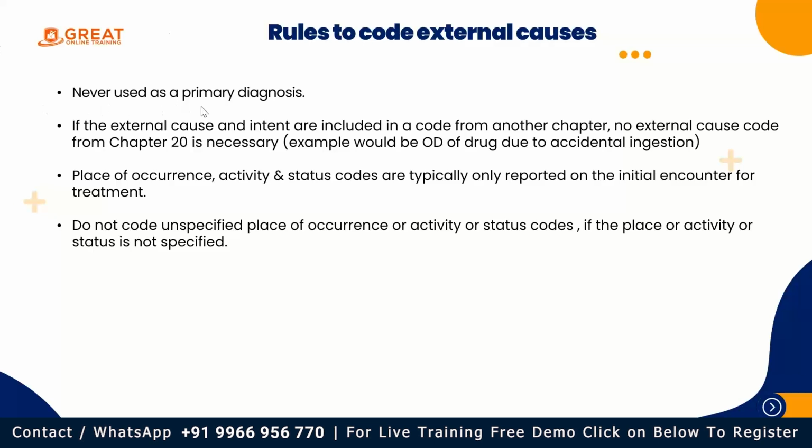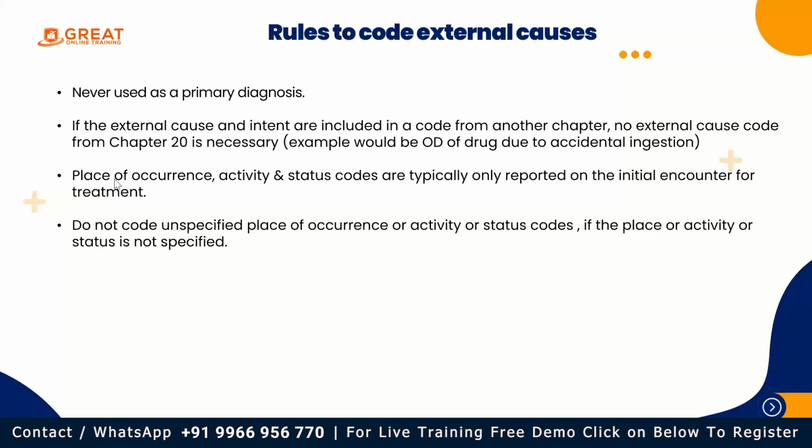What are those? You should not use an external cause code as a primary, principal, or first listed diagnosis. And if external cause and intent are already included in a code from chapters other than chapter 20, it is not necessary to use an external cause code additionally.